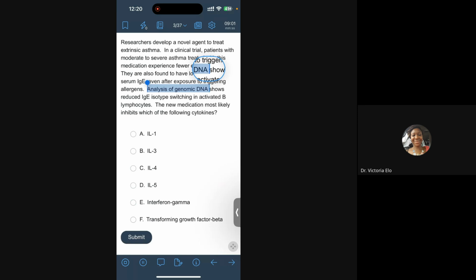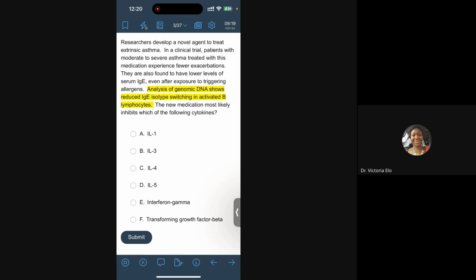Analysis of genomic DNA shows reduced IgE isotype switching in activated B lymphocytes. The new medication most likely inhibits which of the following cytokines?